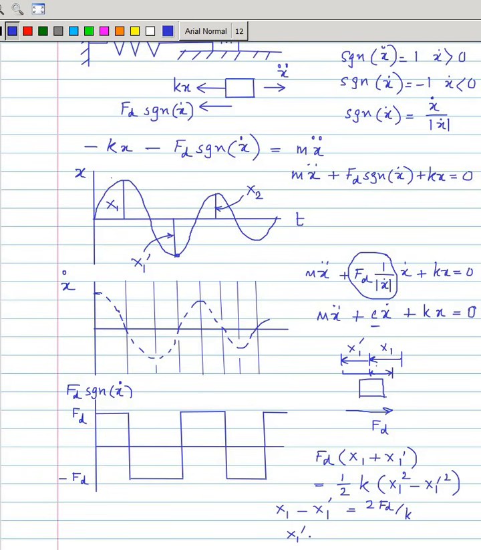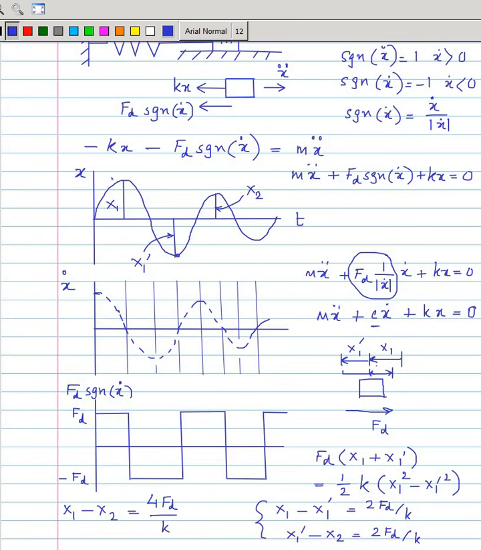For that portion of motion, x1 dashed minus x2 is twice fd by k. So if you combine these two, then x1 minus x2 is equal to 4 fd by k.